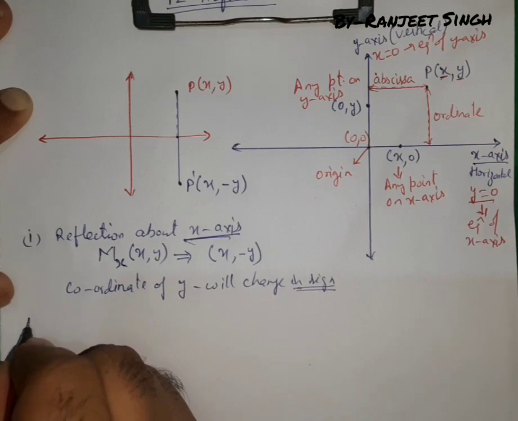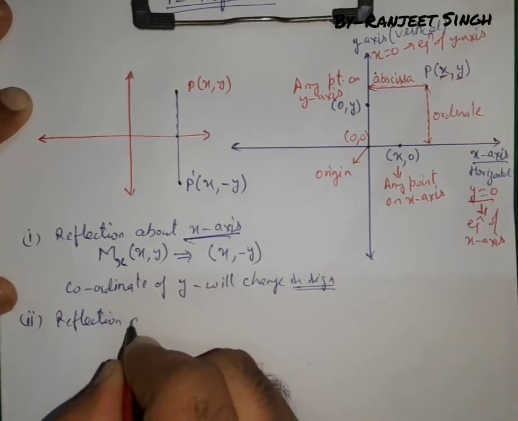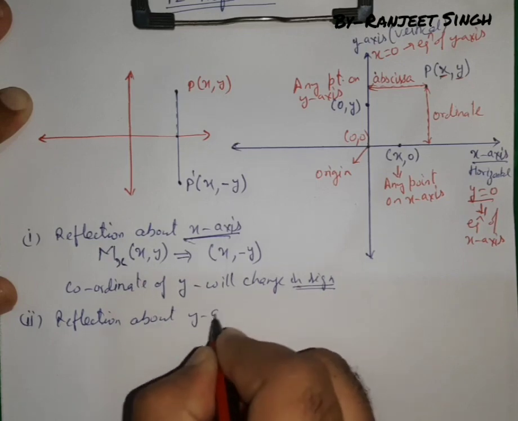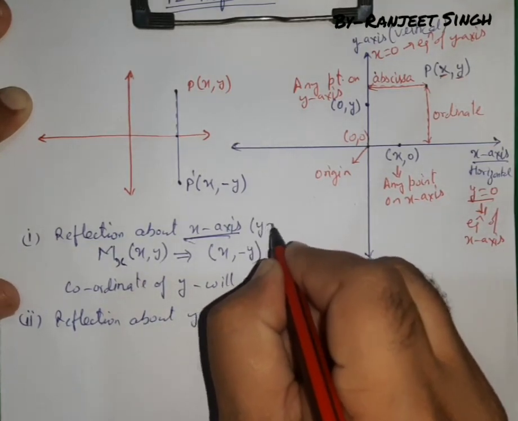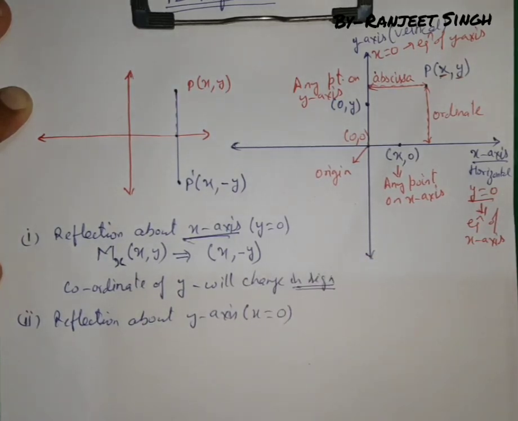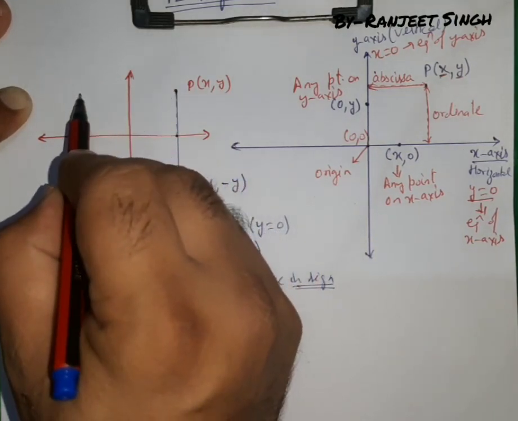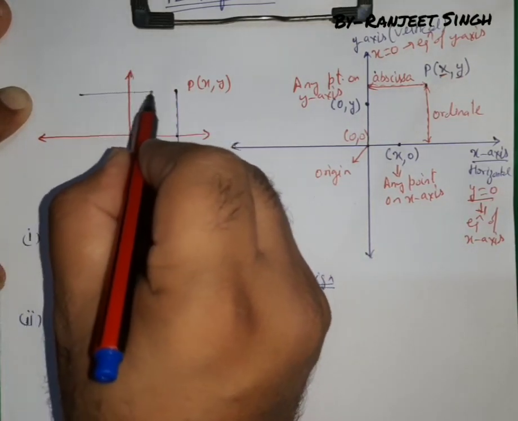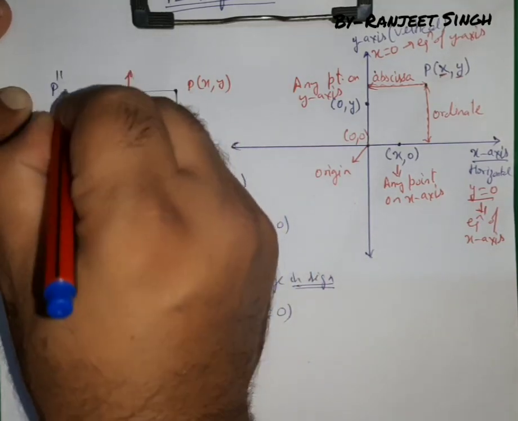Now in the case of reflection about the y-axis, just as we can say the x-axis case is reflection about y = 0, in this case we can say reflection about x = 0. Now this point will be shifted towards the left by the same distance. So approximately it will be here now, and I am representing this as P double dash.